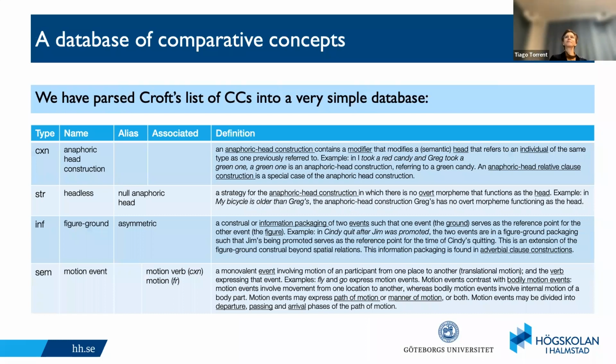I have one slide. We haven't come very far with this, but we got this appendix from CAW in spring with a big list of almost 1,000 comparative concepts as a Word document.